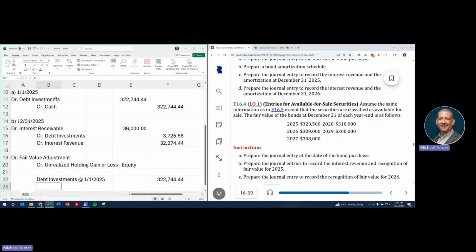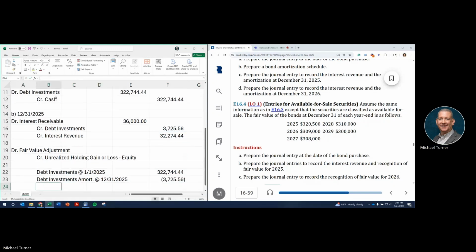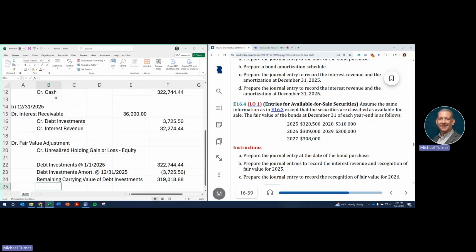And then we recorded an adjustment to that in the previous journal entry of $3,725. So that means our remaining carrying value of the debt investments is the net of those two. So they're on the books for $319,000 right now.